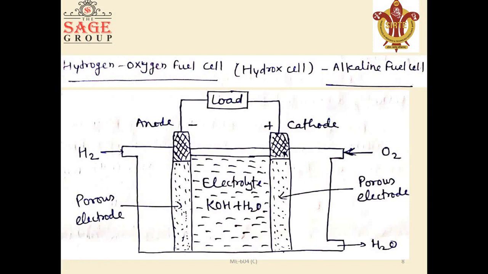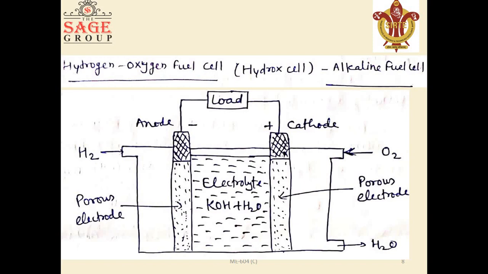In this, hydrogen and oxygen are used as fuel and oxidant respectively, as these elements are most reactive with least complications. The electrolyte is potassium hydroxide, KOH, which has high electrical conductivity and is less corrosive than acids. This simple schematic diagram is shown in front of you.